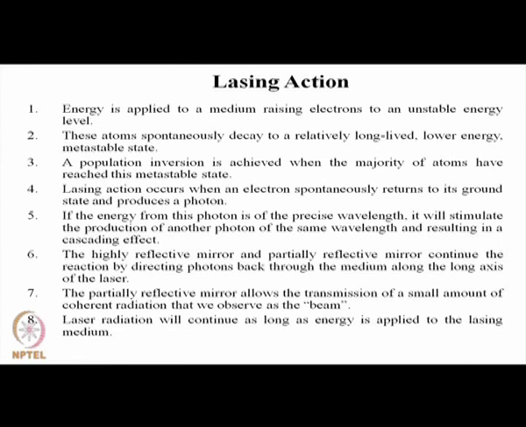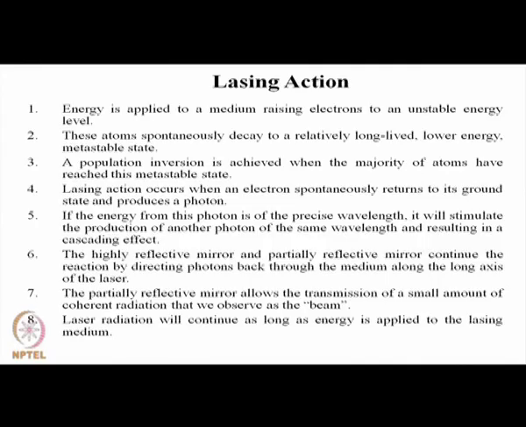So, as I told you, these photons are fed back into this active medium, and only those photons which fall onto the mirror exactly perpendicularly will remain through back and forth reflection, and will make a standing wave pattern. Then the partially reflective mirror allows transmission of a small amount of coherent radiation that you observe as the beam.